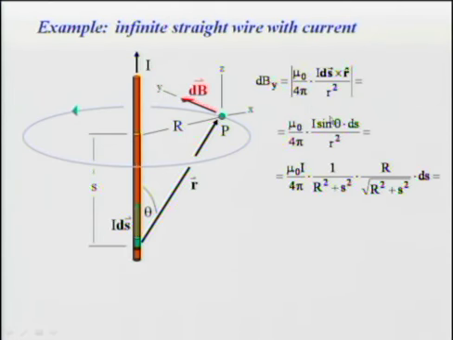Now I have to take care of sine of theta. I use the same triangle and recognize that sine of that angle is the length of the side opposite to the angle divided by the length of the hypotenuse. The length of the side opposite to the angle is equal to the distance from the wire to the considered point, and the length of the hypotenuse is equal to the distance from the considered segment to the point of interest.